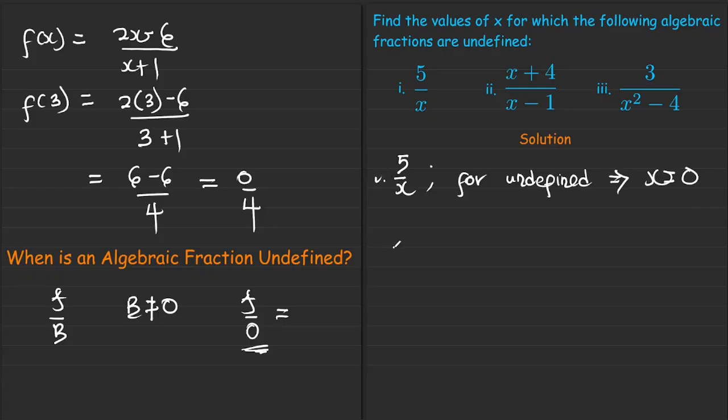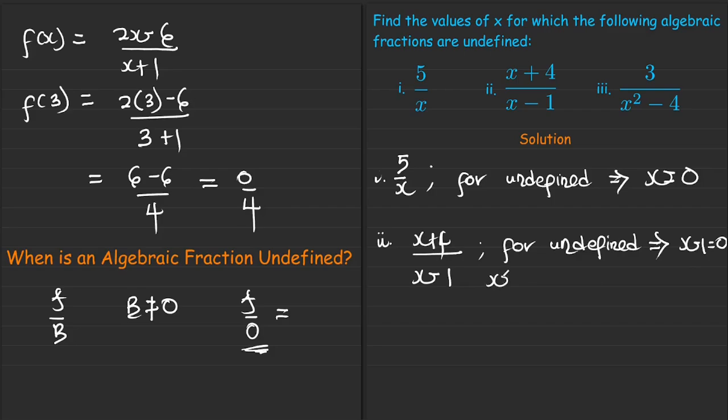For the second one, on the other hand, we have x plus 4 over x minus 1. So you say for undefined, then it simply implies that our denominator, which is x minus 1, would be equal to 0. If that is the case, then you come and make x the subject.